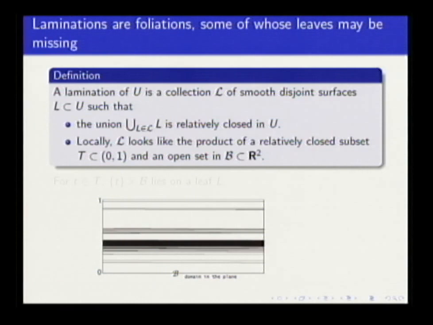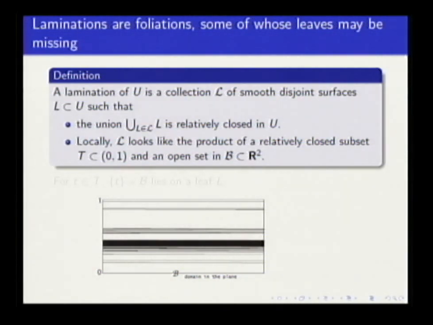Okay, so let me give a formal definition of lamination. It's basically, as Brian said, a foliation minus some leaves. So it's a collection of smooth disjoint surfaces such that the union is relatively closed, and then it has a local structure. And here's the local structure. Around any point, you can find a neighborhood U such that coordinates take the leaves into horizontal lines.